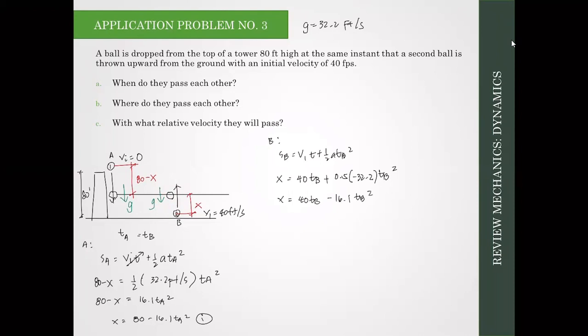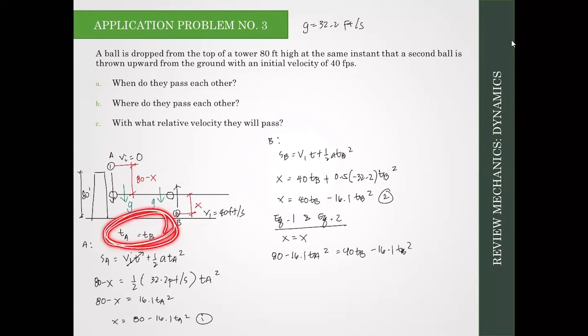Since meron tayong dalawang value ng X, so equation 1 and equation 2, X is equals to X. So 80 minus 16.1 TA squared is equals to 40 TB minus 16.1 TB squared. Mapapansin natin, inassume natin kanina na equal yung TA and TB.